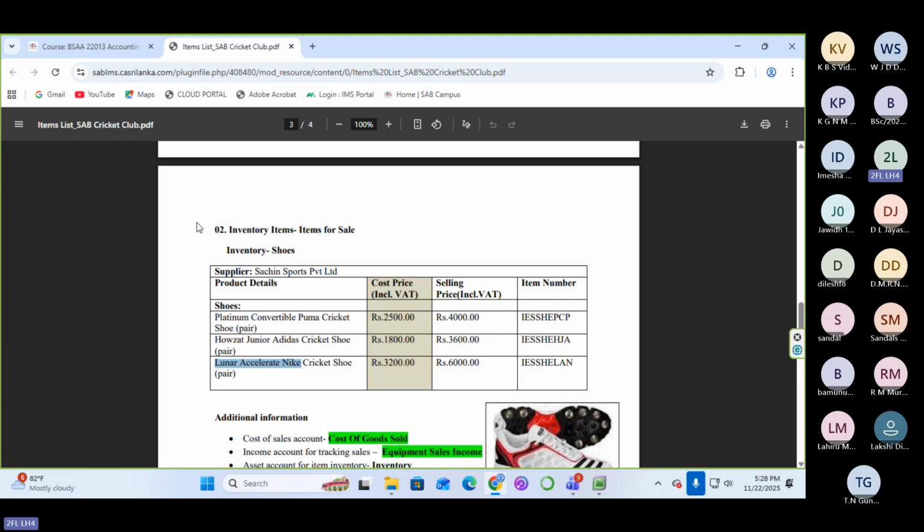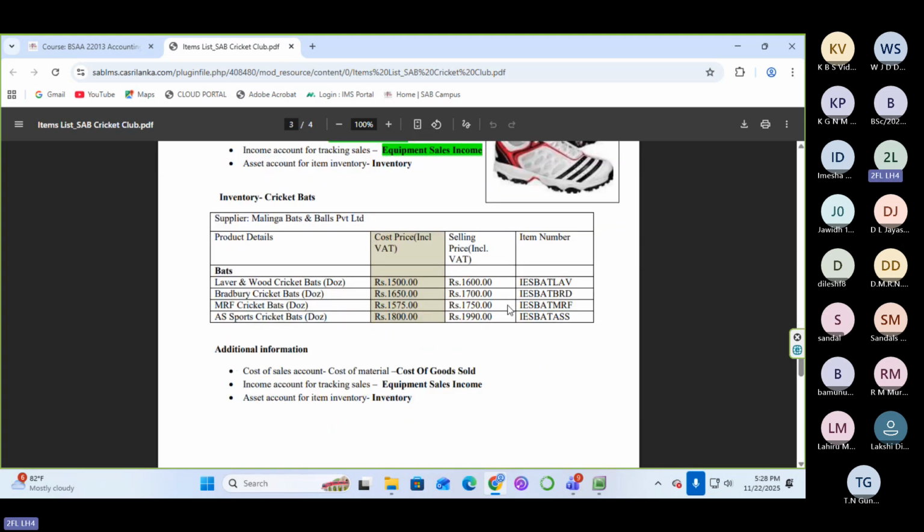Those who finish the shoes can go to the cricket bats. Okay, cricket bats, you can see it's the same three accounts as shoes. Cost of goods sold account for cost of sales, and equipment sales income account for income or sale, and general inventory for inventory.